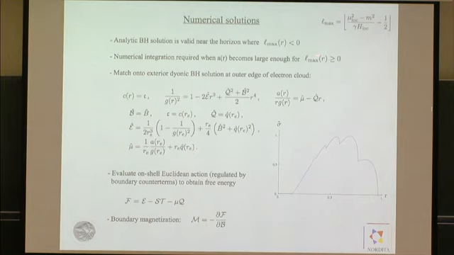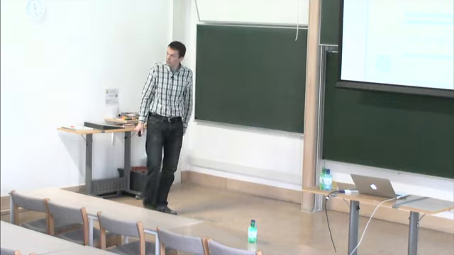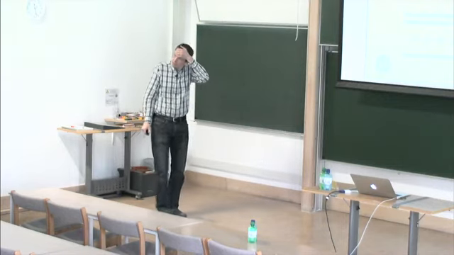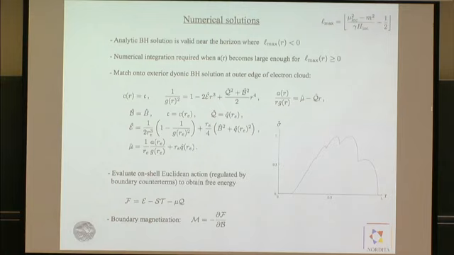And then at the end of the day, I match onto some exterior solution. So these are basically outputs from my numerical computation at the outer edge of the fluid, and those tell me what my outside solution is. And once I know that outside solution, I can actually compute the free energy just using the standard story, with the boundary counterterms. So that's what I will do.